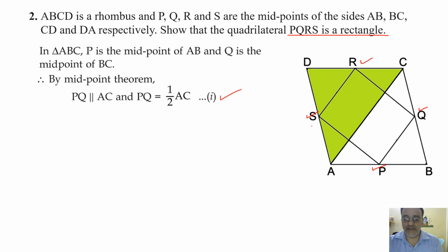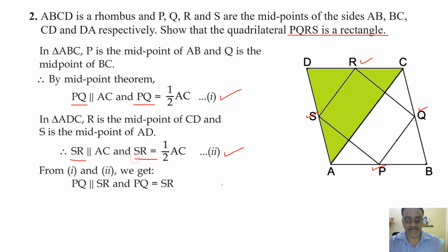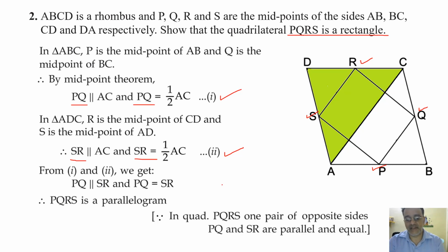So by midpoint theorem, SR is parallel to AC and SR is half of AC. Let it be the second equation. Now from equation 1 and 2, we conclude that PQ is parallel to SR and PQ is equal to SR. Right? So therefore PQRS is a parallelogram. Why? Because one pair of opposite sides is equal and parallel. Any doubt here? No, sir.